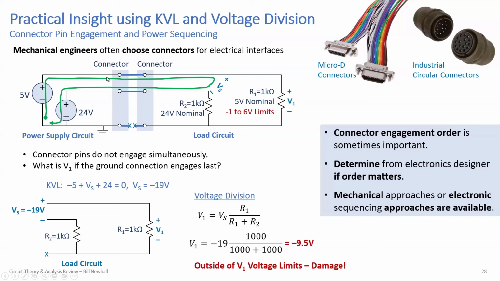Or you might disable the power supplies using transistors or otherwise some other electronically controlled switch. So until certain connections are made, you don't allow the power supplies to be enabled. Okay, but that's something that, again, I've run into with mechanical engineers in plugging wire harnesses together, and we had to figure out what's the best way to not blow out the load.